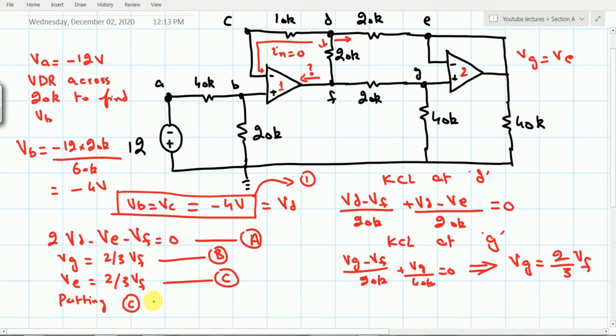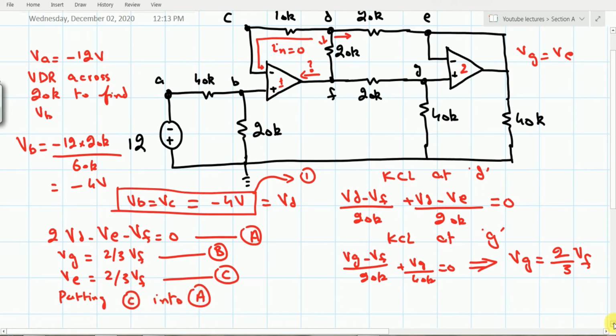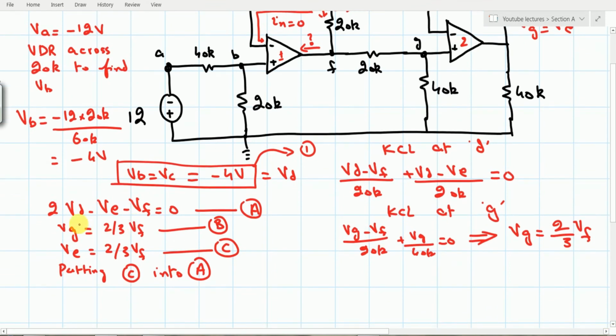Putting equation number C into equation number A, what I get is 2 times VD minus 2 by 3 VF minus VF, and that is equal to 0.